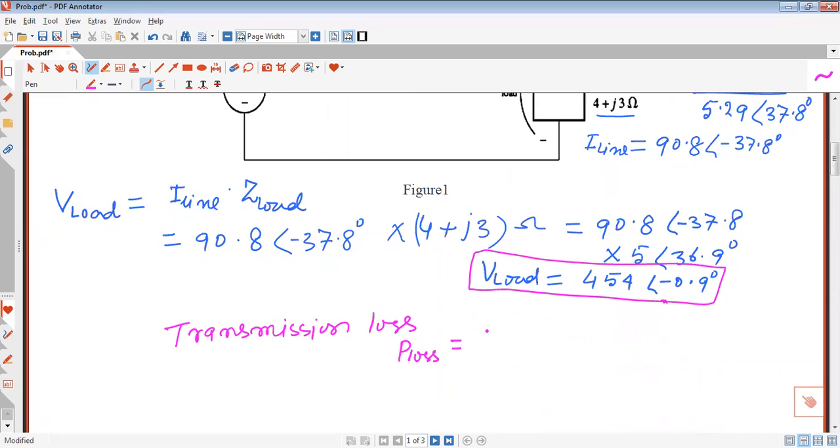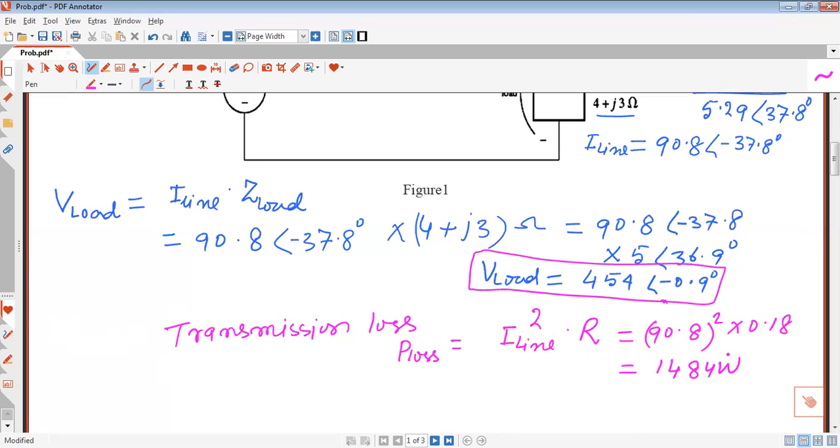The lossy component is only the resistance, and it is simply I squared R. The total transmission line resistance is 0.18. So the line current is 90.8 squared, and the transmission line resistance is 0.18. After solving this, we will get 1484 watt.